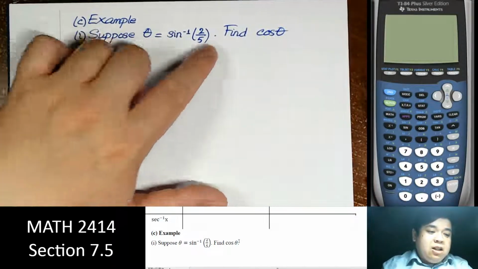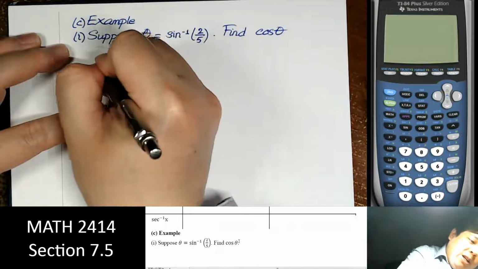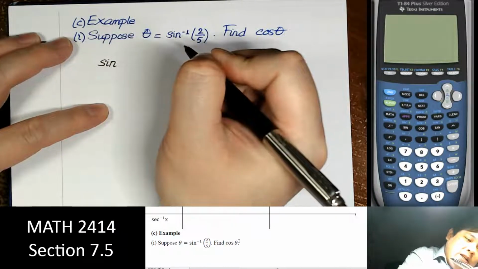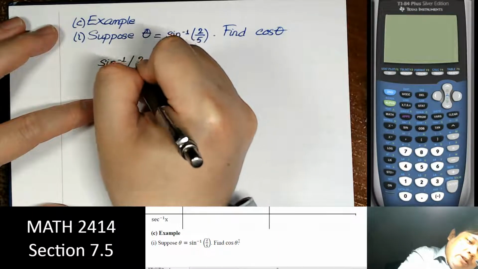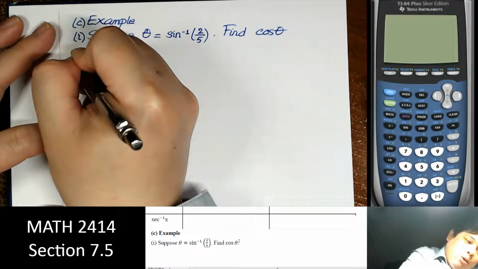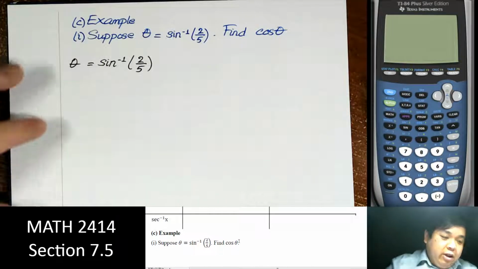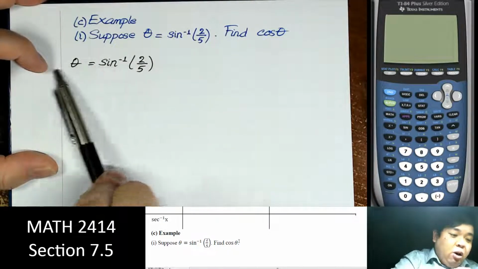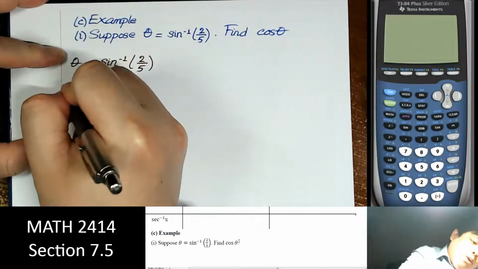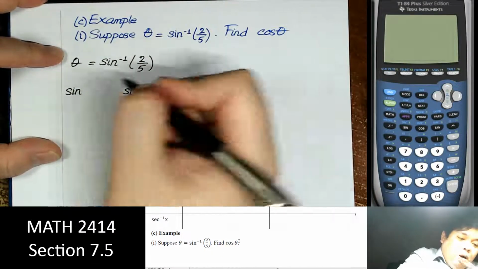If theta is that, originally we start with sine inverse of 2/5 equal to theta. That's what we start with, the original given. Now we take the sine on both sides.